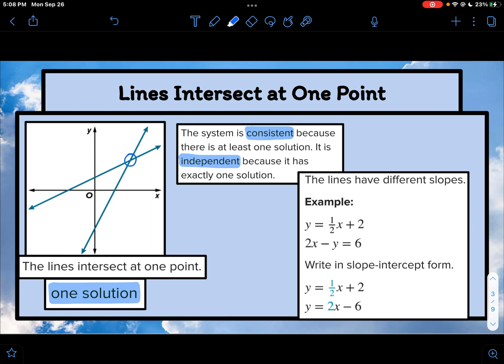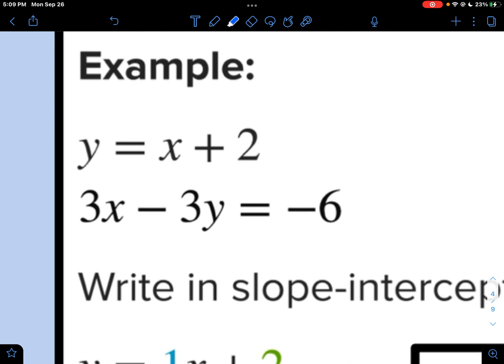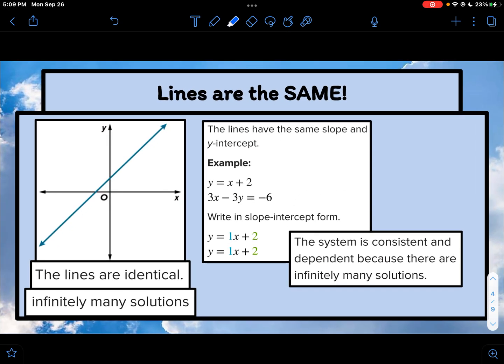All right. The second possibility is that they graph the same line. Okay, so these two equations right here, they don't look identical, but when you put it in slope-intercept form, they become the exact same equation. So the lines are identical, and there are infinitely many points on that line.